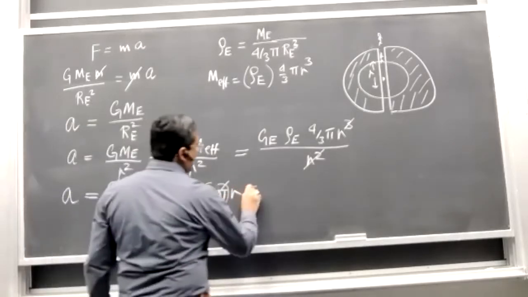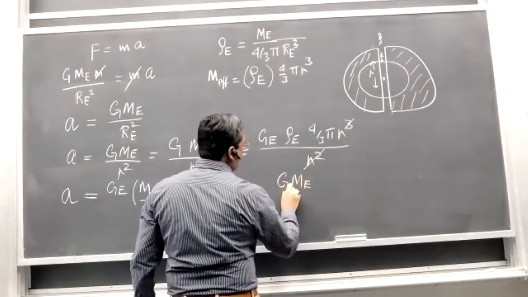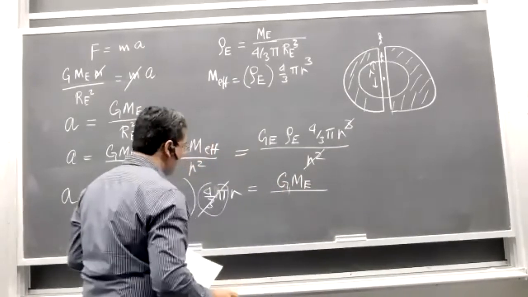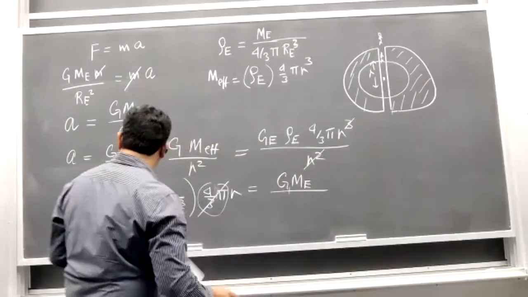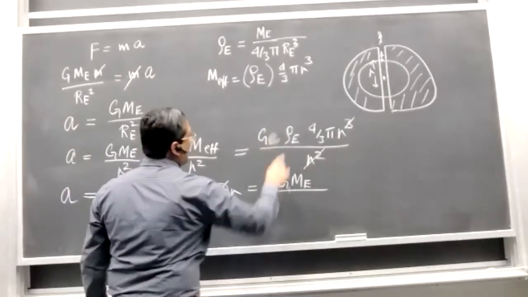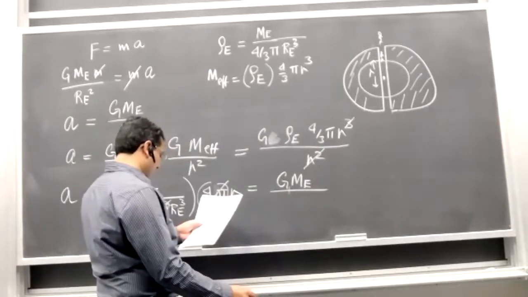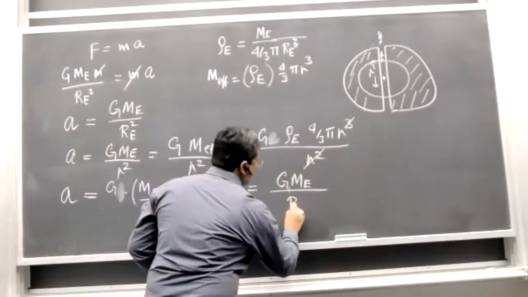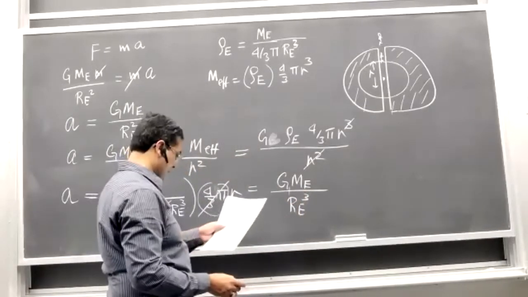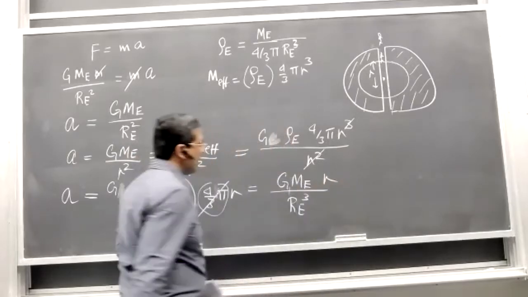And we are left with G M_E over R_E cubed times R. Sorry, no need to write G_E. ठीक है.